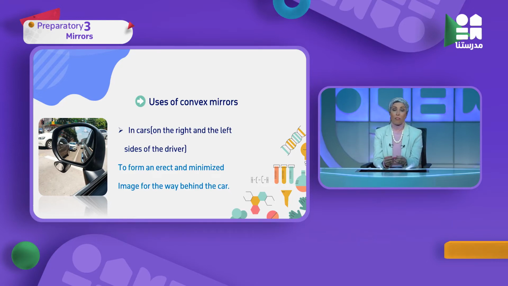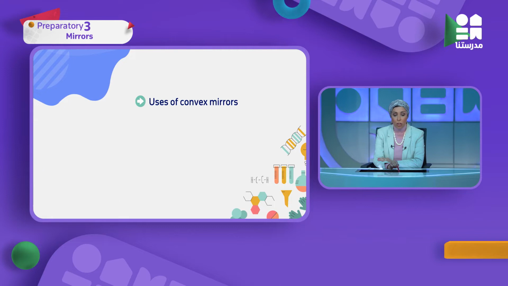Why? If I want to drive safely مش هفضل أبص كل شوية قدام وورا فأنا I can use the side mirrors بتديني إيه؟ بتديني minimized image to all the road behind me فبشوف كل الراد minimized صغنن so أقدر أفادي الcars and go without any accident. So it is used in the side mirrors of the car.